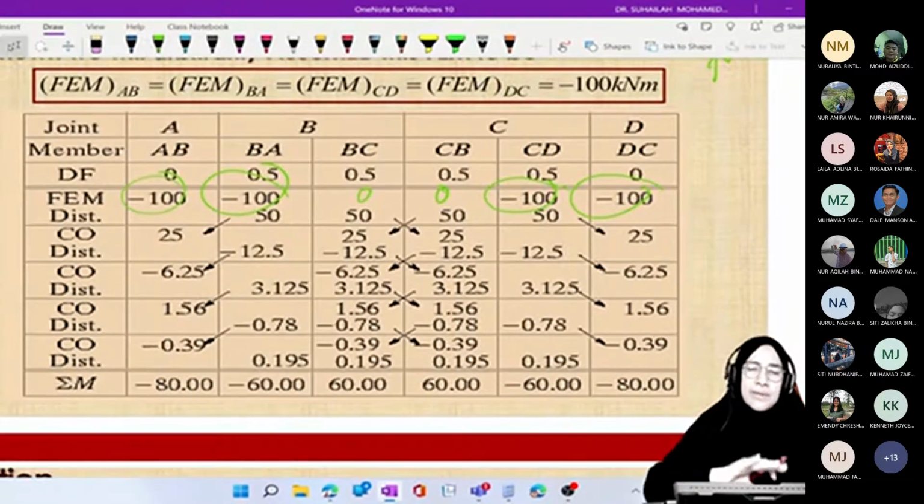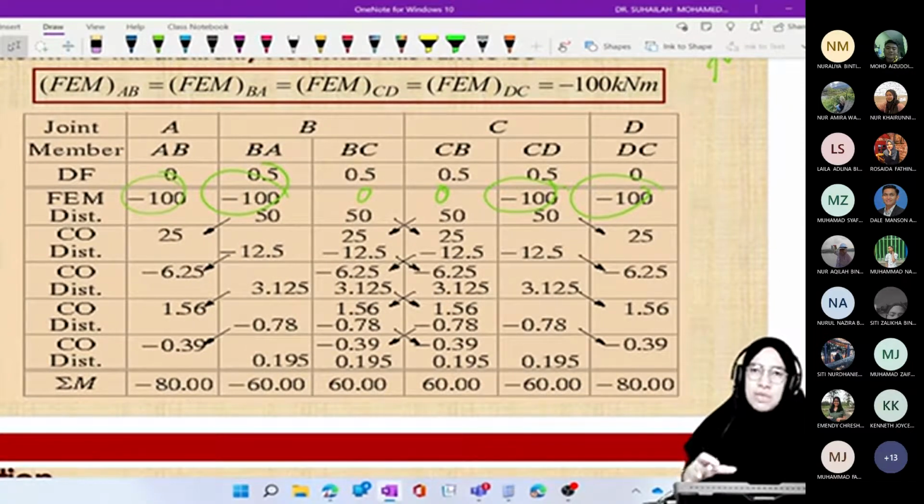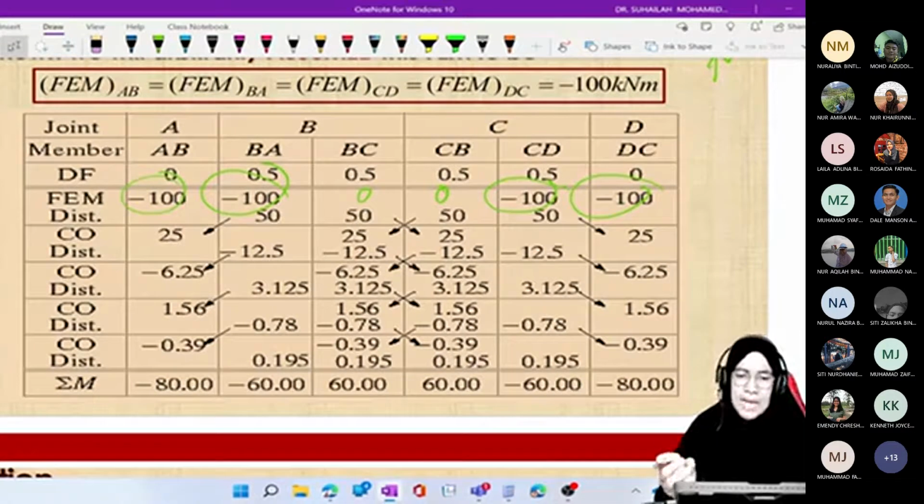So the difference between table 1 and table 2 is only due to FEM value. The process will be the same.